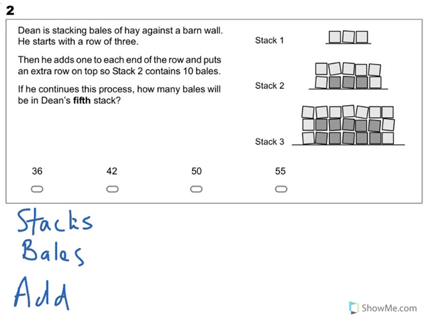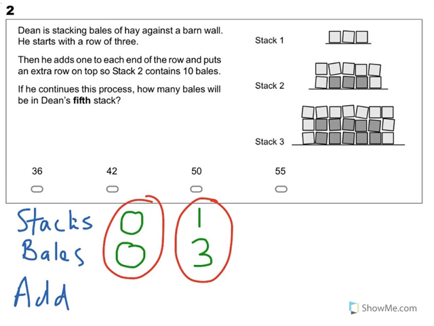So let's start off first with 0 stacks. If I have 0 stacks, I have 0 bales of hay. Now I know with 1 stack I have 3 bales. So how many did I add to get from 0 to 1 stack?